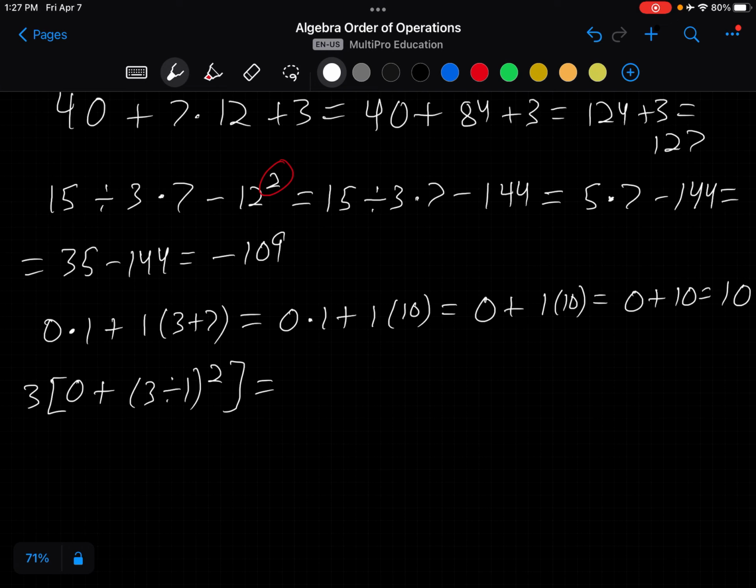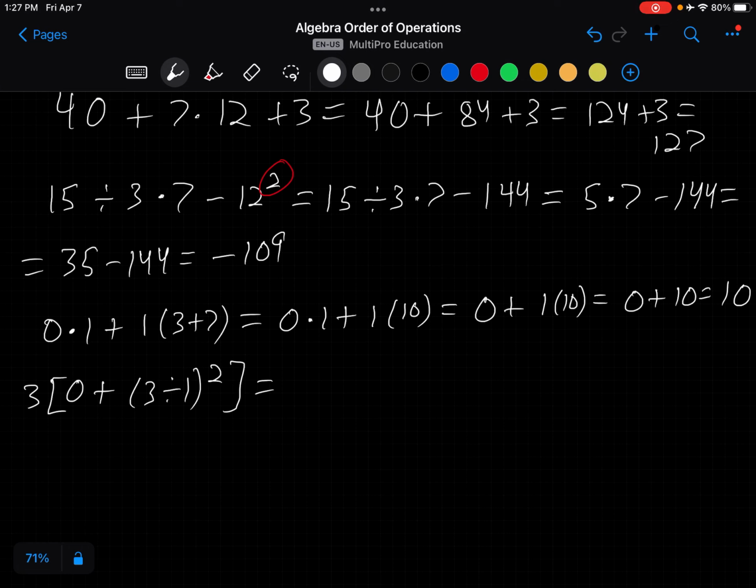Okay, so now a bracket is kind of similar to a parentheses. But a bracket is really just multiplication, okay? So I could just put this in another parentheses and it would be the same, but let's keep moving here.